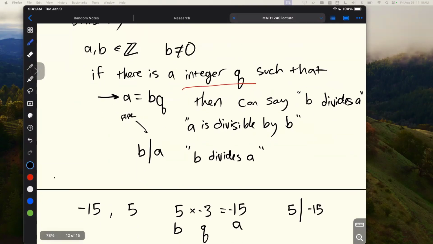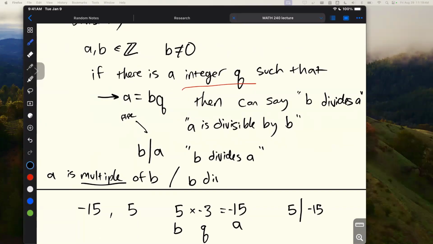Okay, so some notes to add to this point is that A is a multiple of B. So we can add B so many times and get A. And we can also say that B is the divisor of A. So B divides A, B is a divisor.